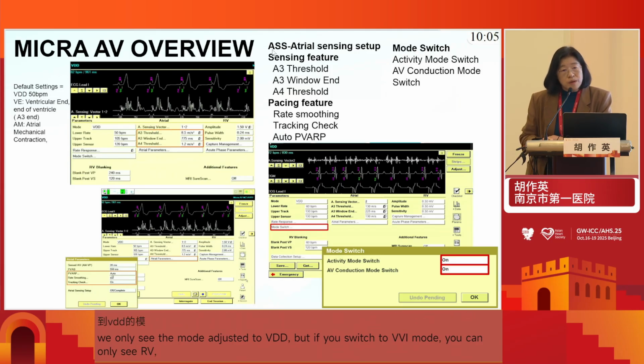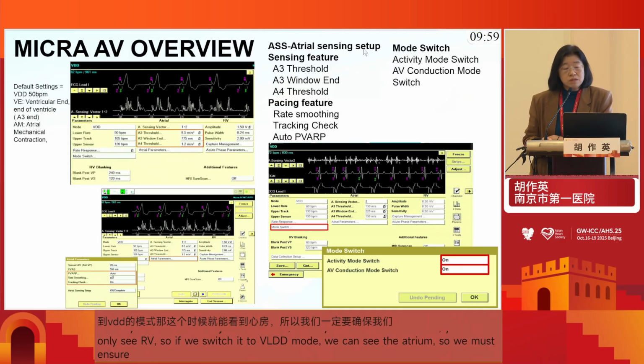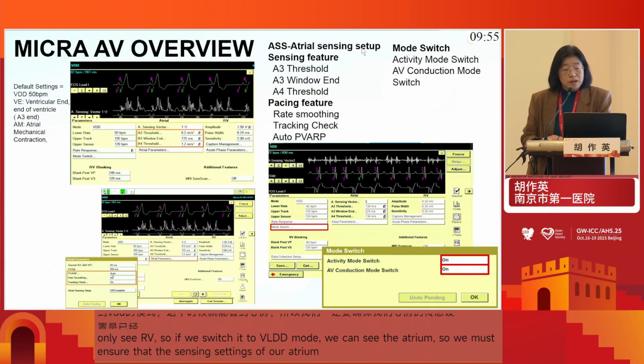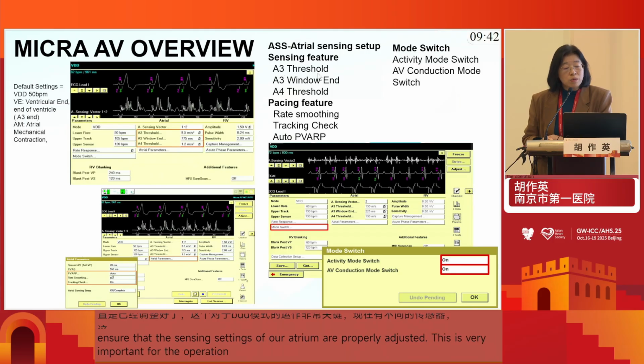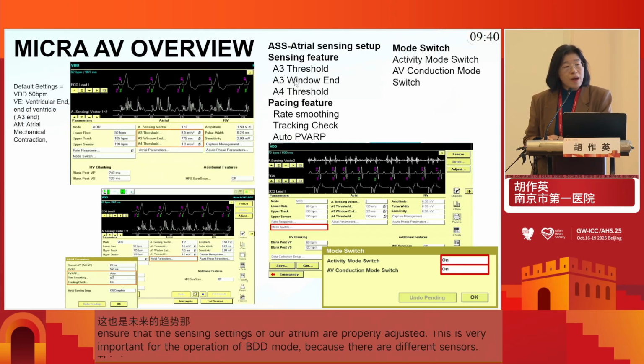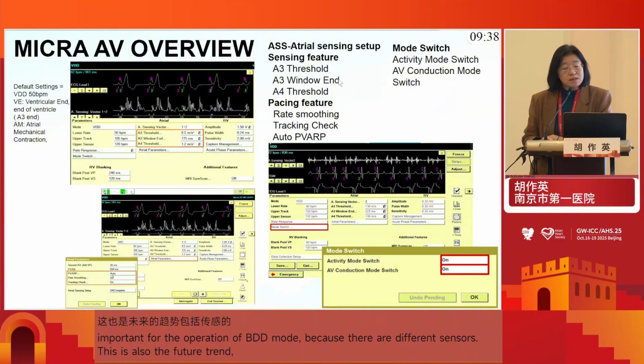So we make sure that the atrial sense setup is very important for the VDD mode working. There are many kinds of sensor features. Sensor features include the A3 threshold, the A3 window, which means a period, and the A4 threshold.